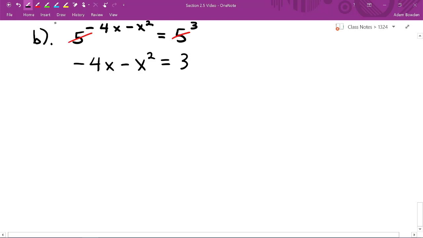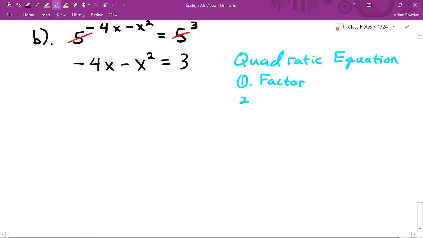Now this is actually a quadratic equation, and due to the fact that it has x squared involved, we have two ways of solving. We can either solve by factoring, or we can solve by using the quadratic formula.